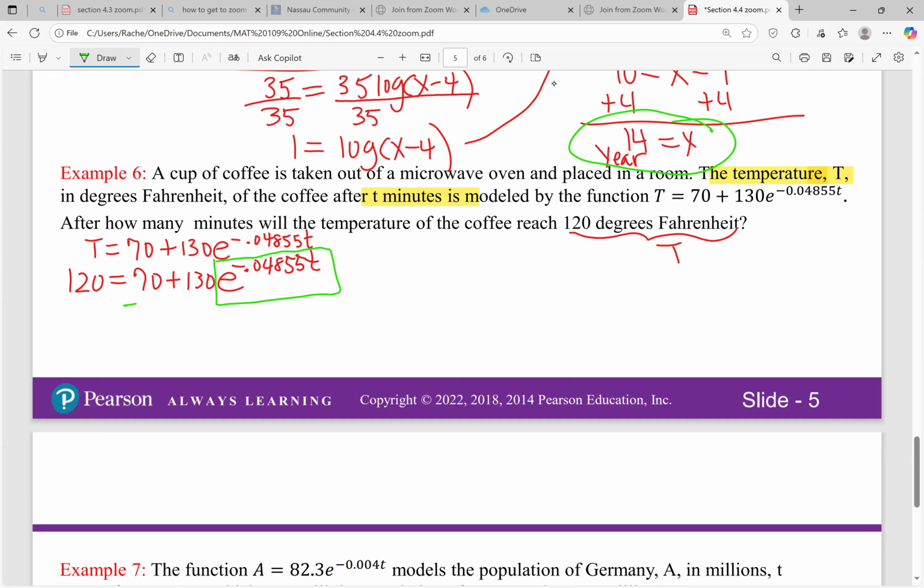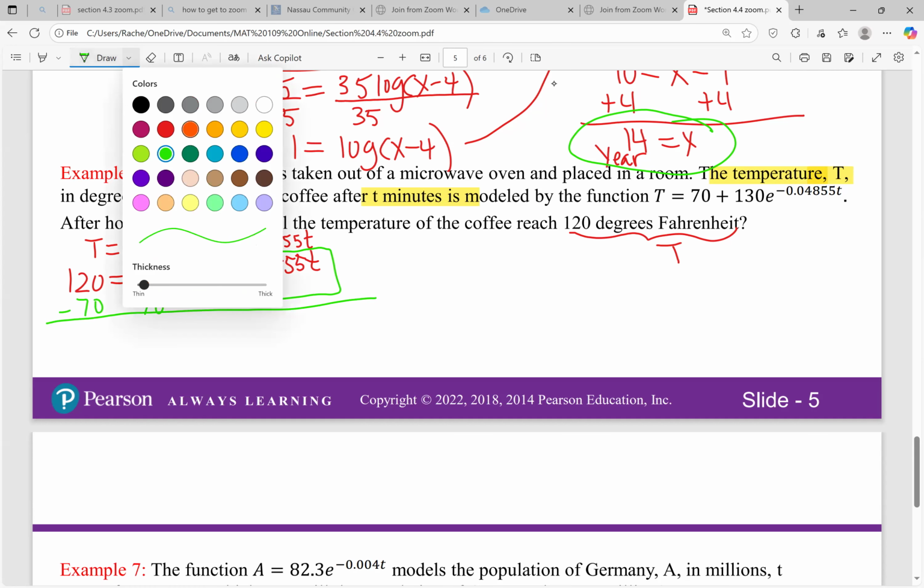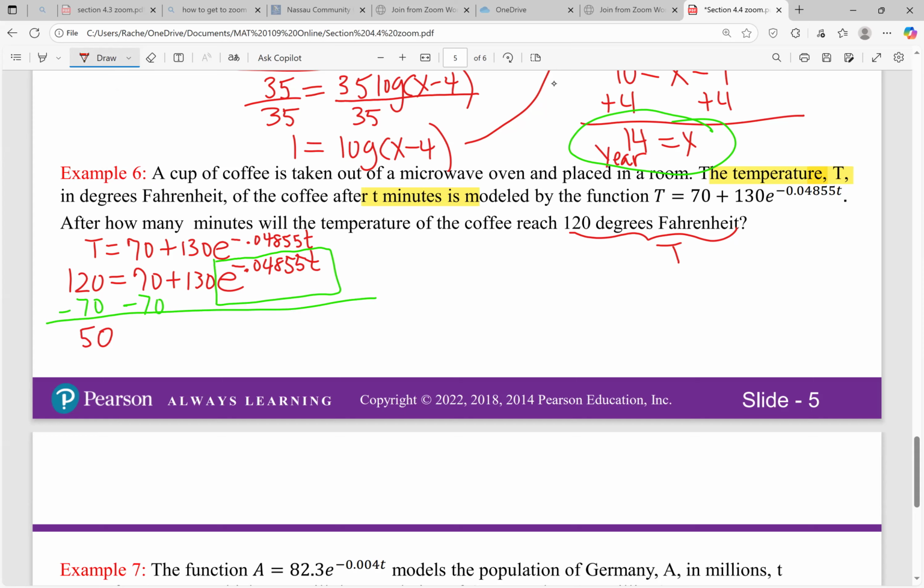So let's subtract 70 from both sides of the equation. We're going to have 120 minus 70, which is 50, equals 130 times e to the negative 0.04855t. And we want to isolate the exponent expression. The 130 is not part of that.